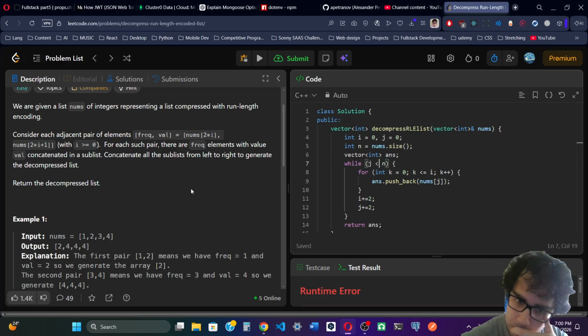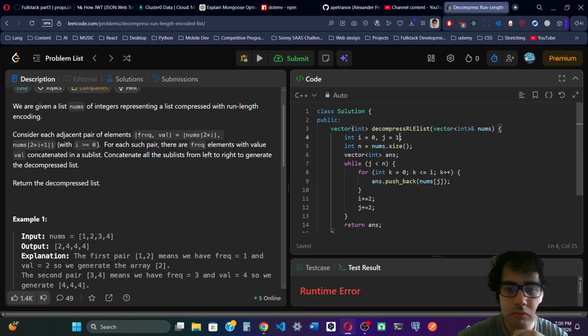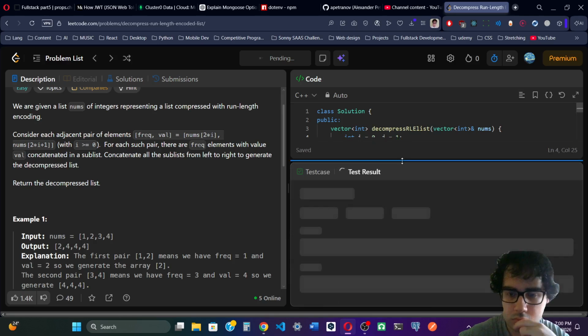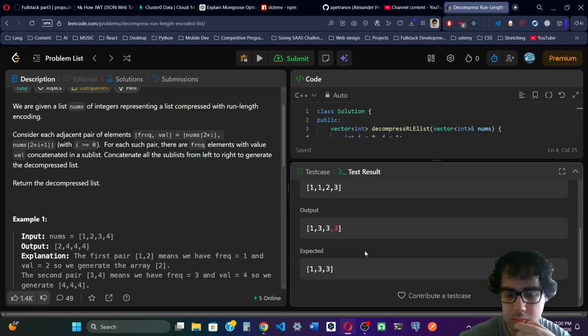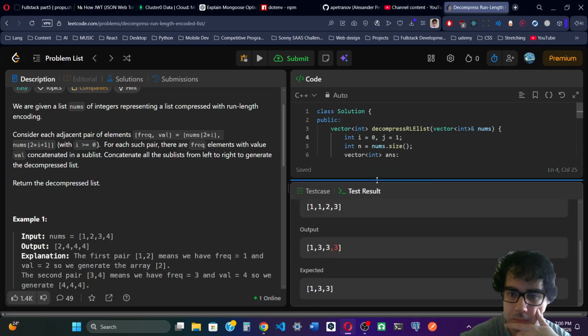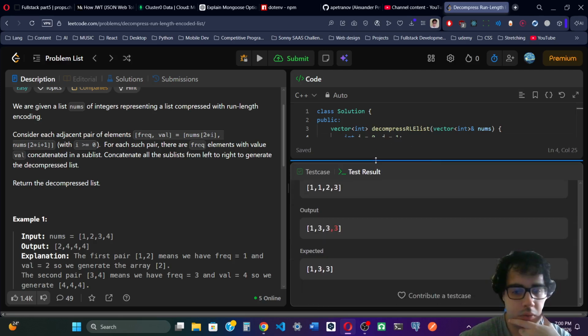Is equal to 9. Okay, no, J is equal to 1. Okay, this one doesn't work. I get 2 to 3. So that's 1 3 3.